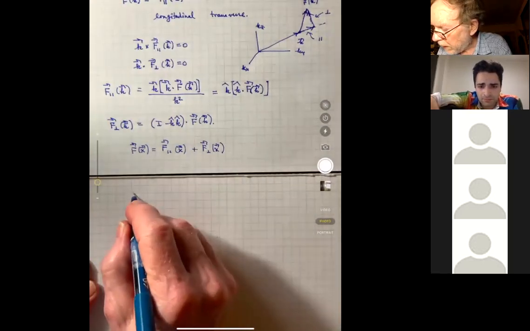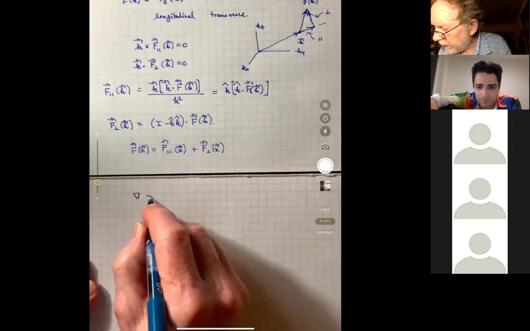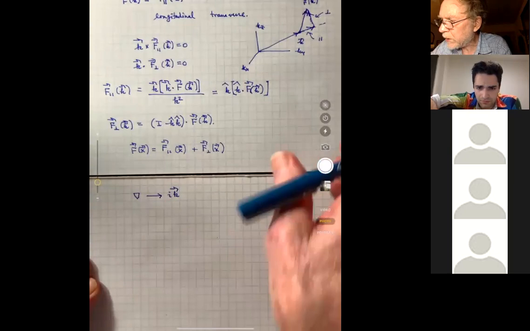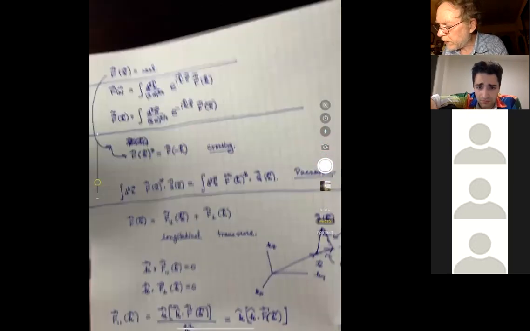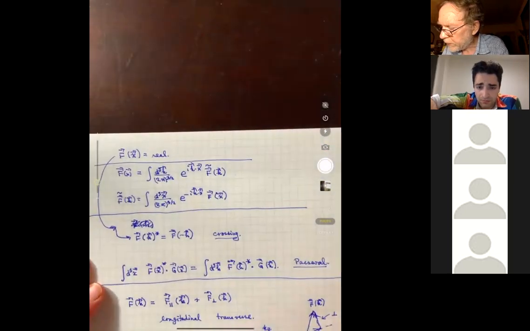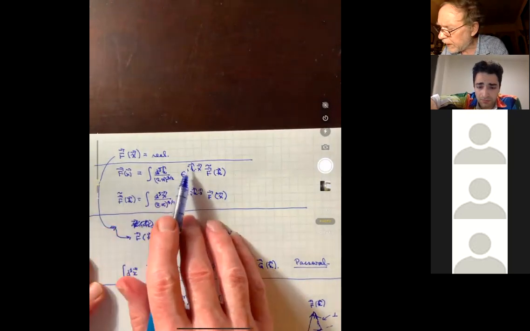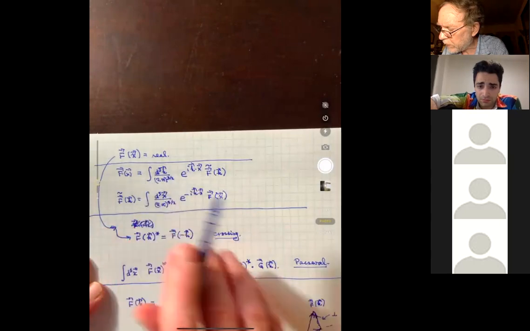Now, the operator gradient in x space corresponds to multiplication by ik in k space. You can see that just from the Fourier transform here. If I just apply a gradient to the f here, it's just going to bring down an ik from this exponent over in k space. So this is an obvious rule.